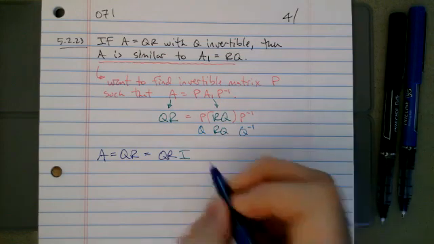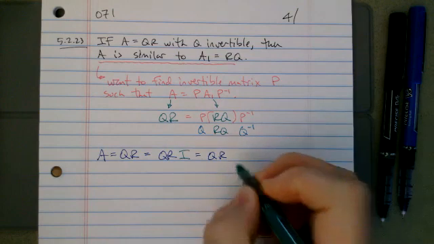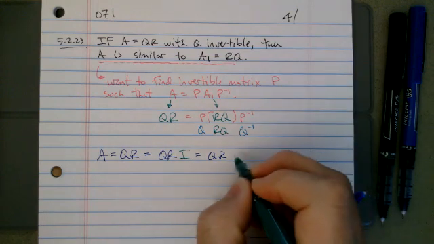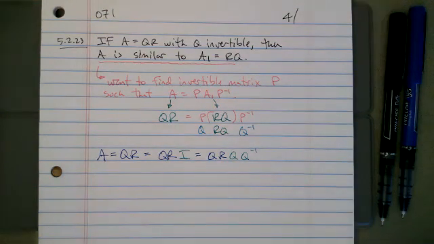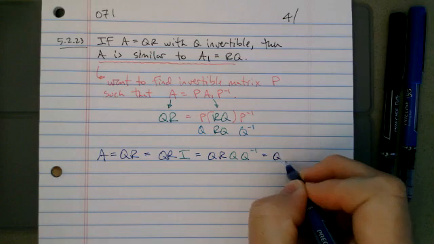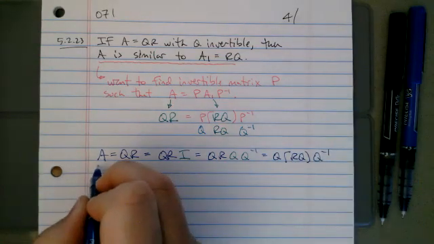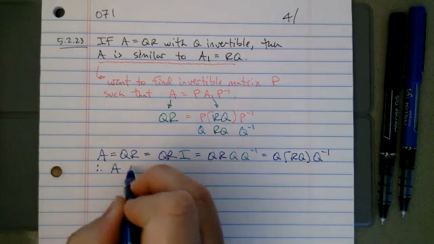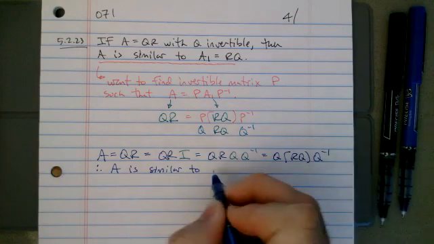In this case, I want to write the identity matrix as Q, then R, and then the identity is going to be written as Q times Q inverse. And so this is equal to Q times RQ times Q inverse. Therefore, A is similar to RQ.